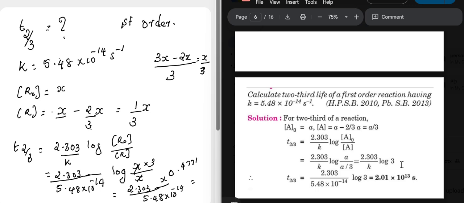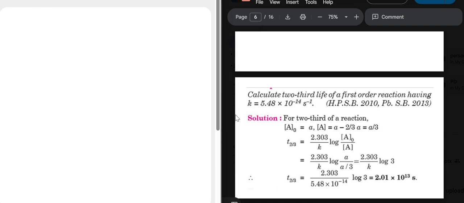In that case, I will show you the calculation also. So when you are calculating, the answer will become 2.01 into 10 raised to 13 seconds. Because in the question, K's value unit is given as per second, so the final answer unit is second.